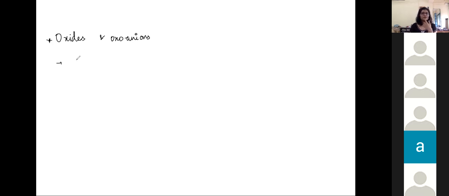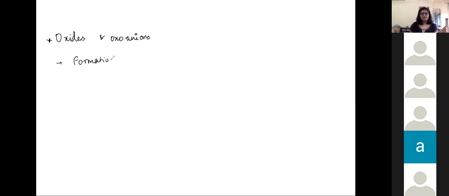What is the nature of oxides? Basic. Basic, all right. You would expect that because they are mainly metals, right? But again, the nature of the oxide depends on the oxidation state. I'll just write it down here.